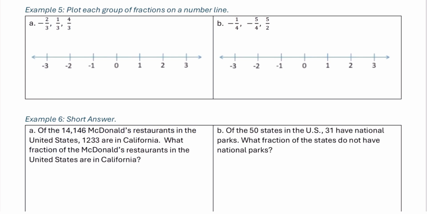Let's plot each group of fractions on a number line. Up first, we have -2/3. First of all, since it's negative, we're going to be to the left of 0, and we want to break up the number line a little bit into thirds. So we can use extra tick marks here to represent that.